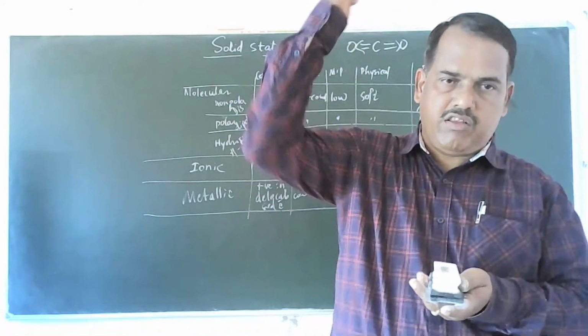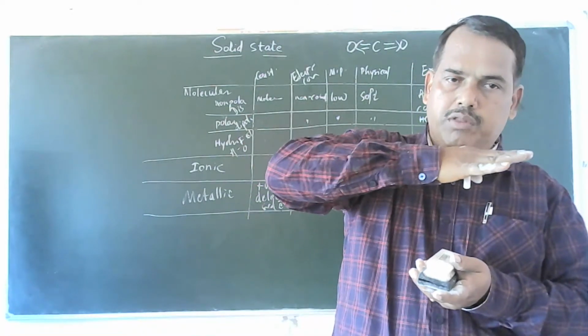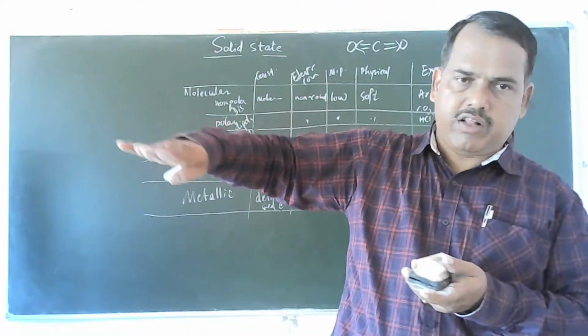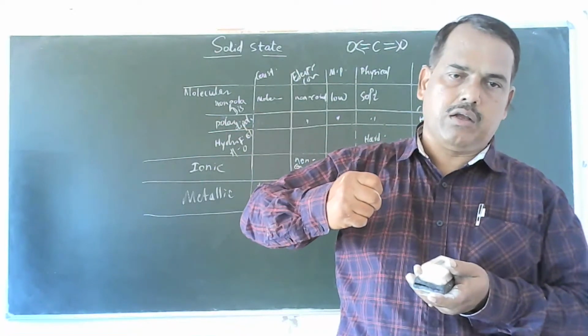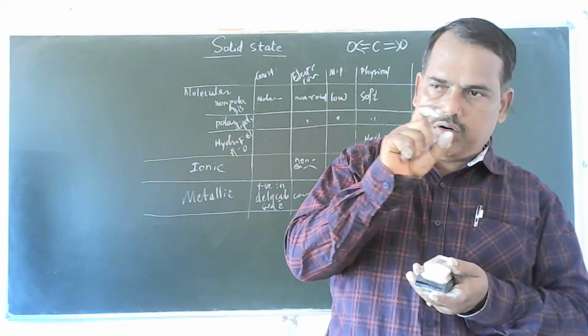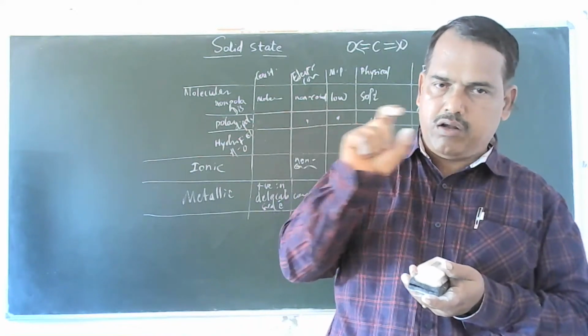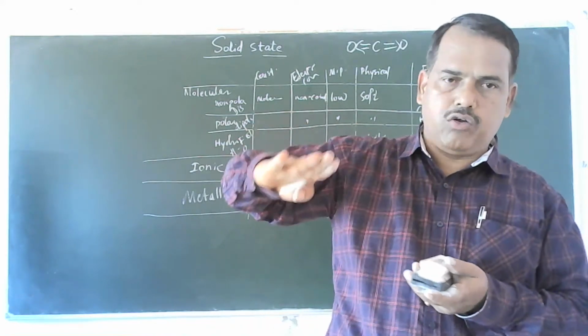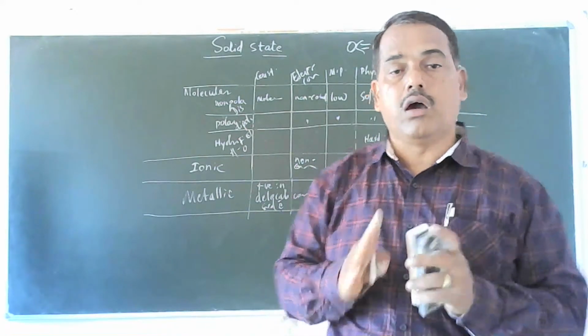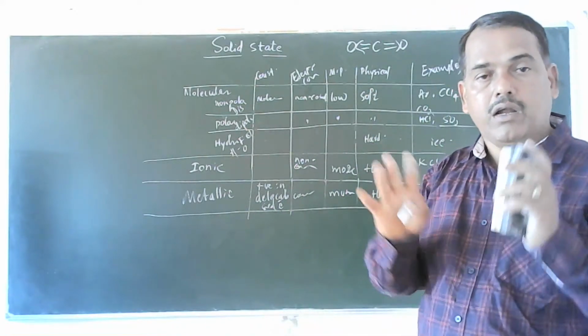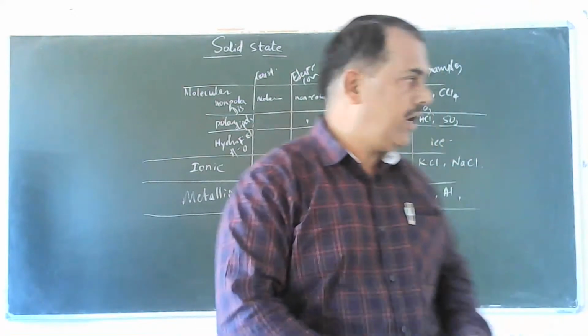When it is hammered, one of the layers slides. So the positive particles and the negative electrons slide over, therefore they are malleable and ductile.